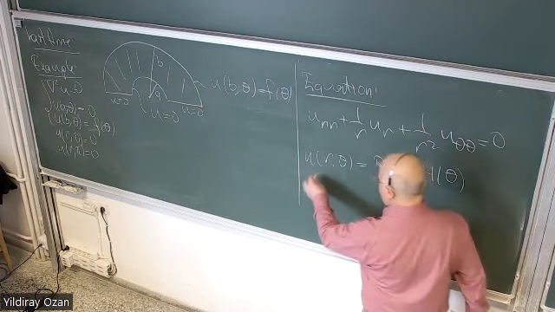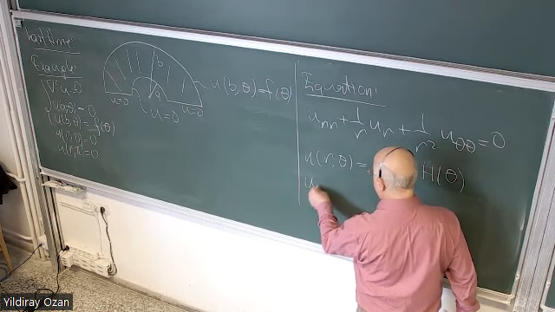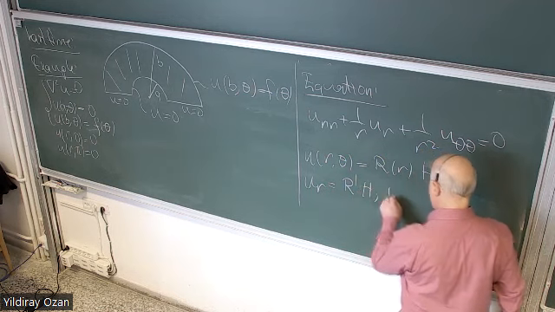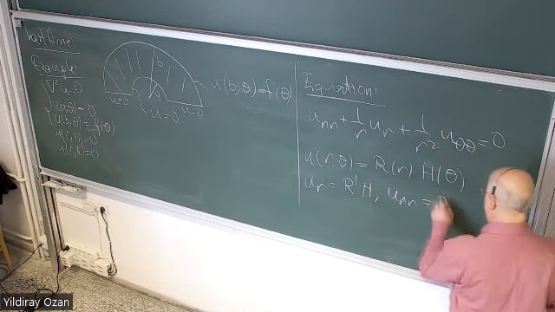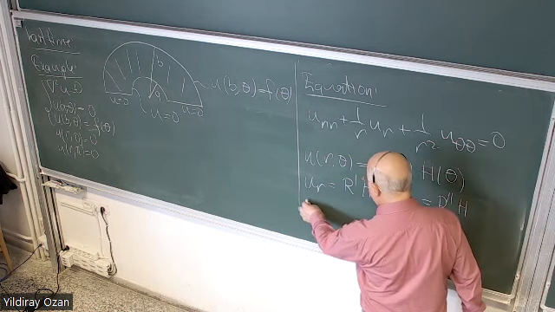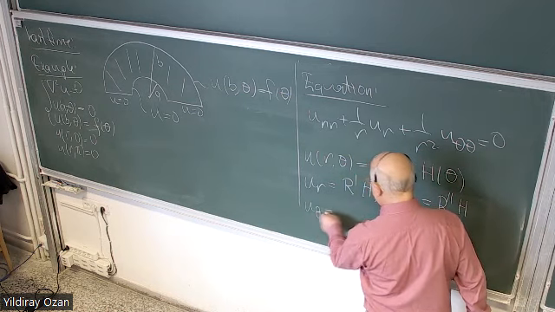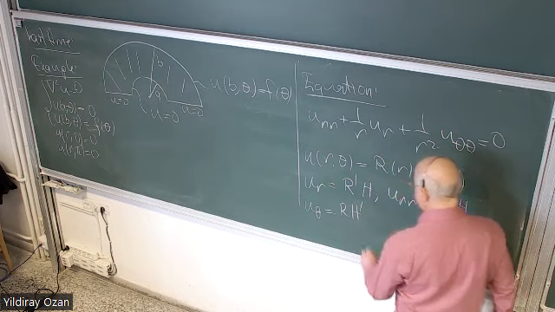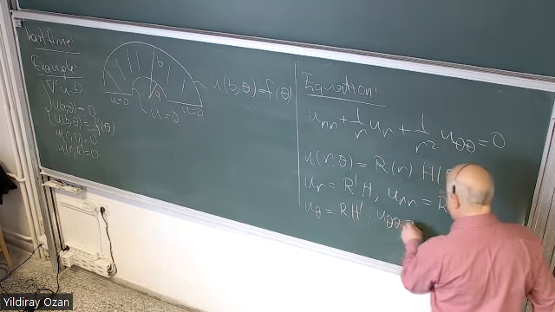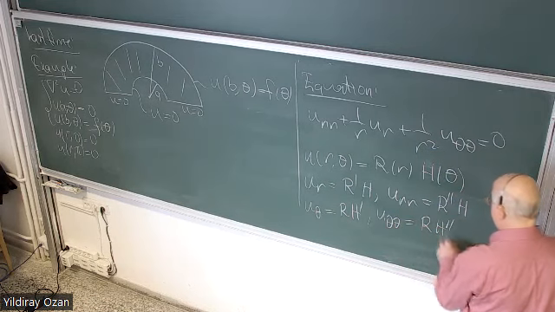And then, of course, as usual, we just take derivatives. So u sub r is just R prime times H. U sub r r is R double prime H. And then u sub theta is just R times H prime, and u sub theta theta is R times H double prime.